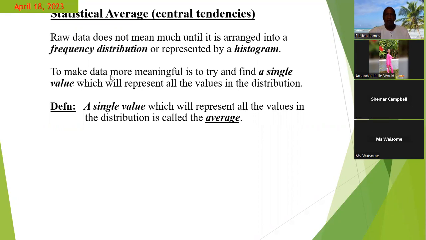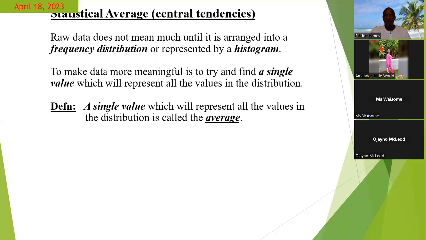To make raw data more meaningful is to try and find a single value which will represent all the values in the distribution. So an average then is a single value that is used to represent all the values in the distribution.